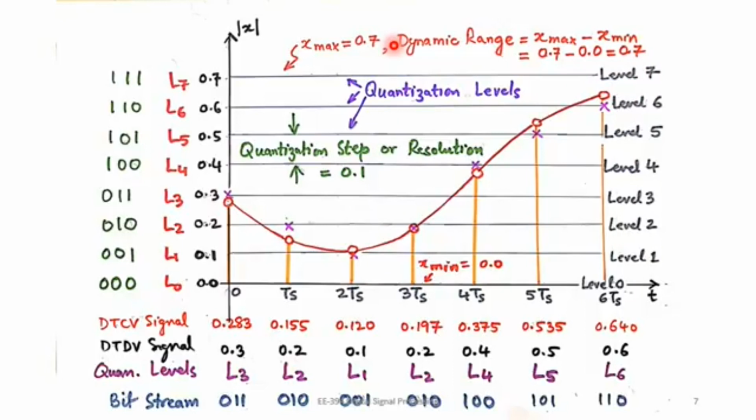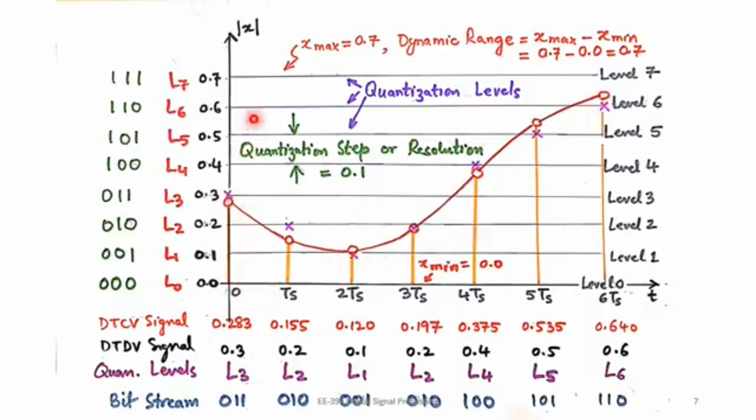Now the next thing we are going to decide has to be decided by the designer with the input from the user and some other considerations as well. This signal starts from 0.3, comes down to 0.1, then goes up and reaches a value slightly over 0.6.